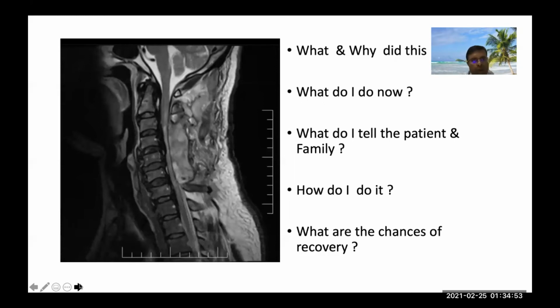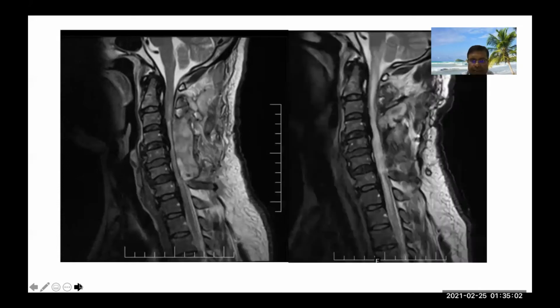Now, if I go ahead with surgery, what are the chances of recovering back to his pre-operative status at least? In this particular patient, we went ahead as emergently as possible, removed the pressure on the cord, washed it out, and this was the immediate repeat decompression MRI, which showed that the cord had decompressed.